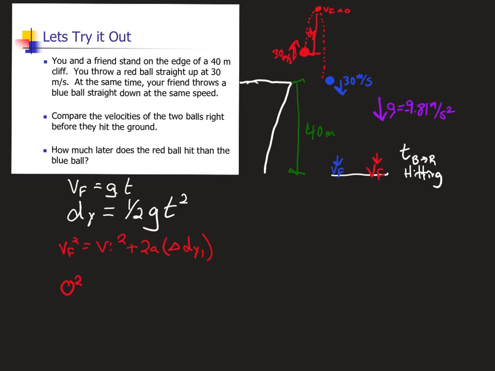We're going to have 0 squared is equal to 30 squared plus 2 times negative 9.81, solving for delta d sub y, or d1. Okay, put that into my handy dandy calculator: 2 times 9.81.